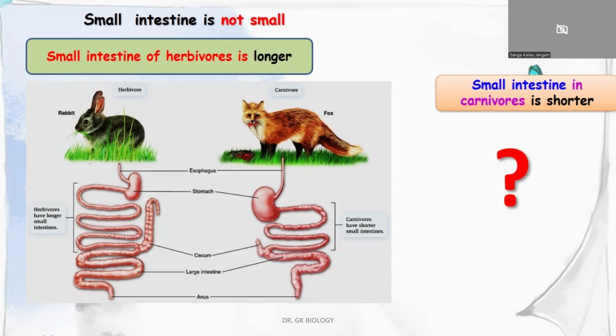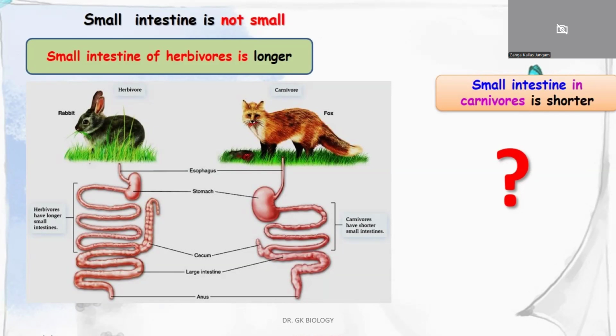Can anybody guess what the purpose of this is? Herbivores are organisms or animals that eat grass. Carnivores can eat flesh, meat, and grass also. The herbivore's small intestine is longer compared to the carnivore's because it eats grass.